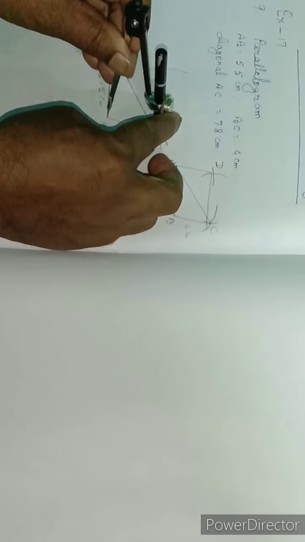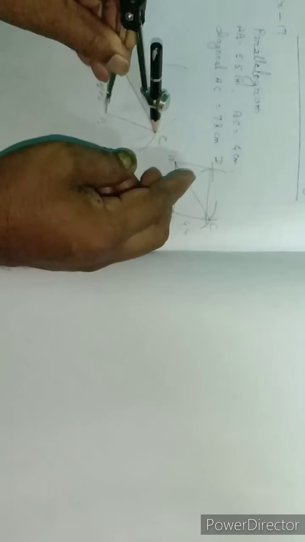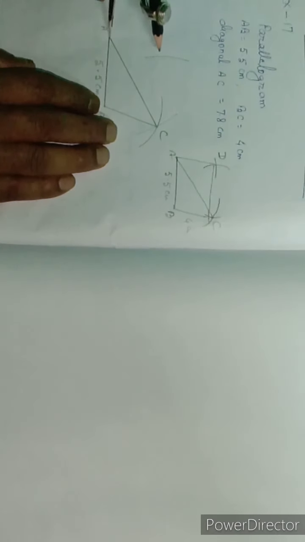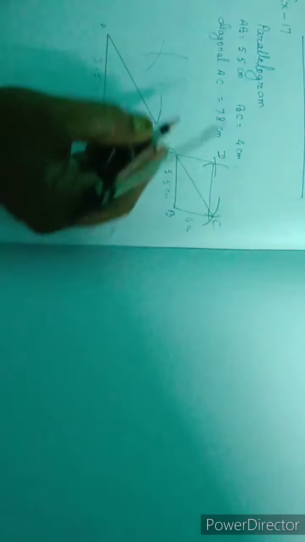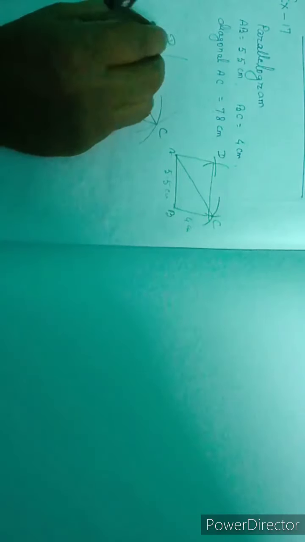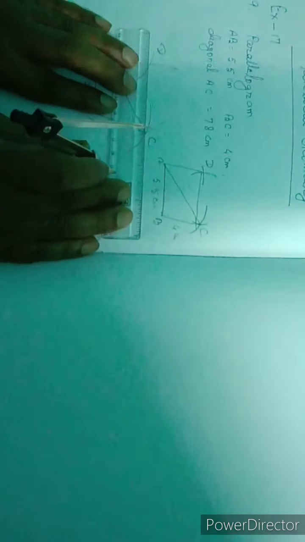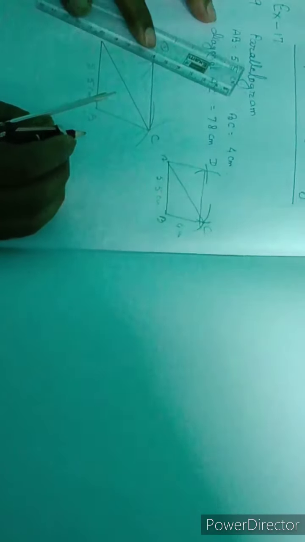We use A as the center and we cross this previous arc. At the point of intersection of these two arcs, we keep the name D. Now join CD and AD.